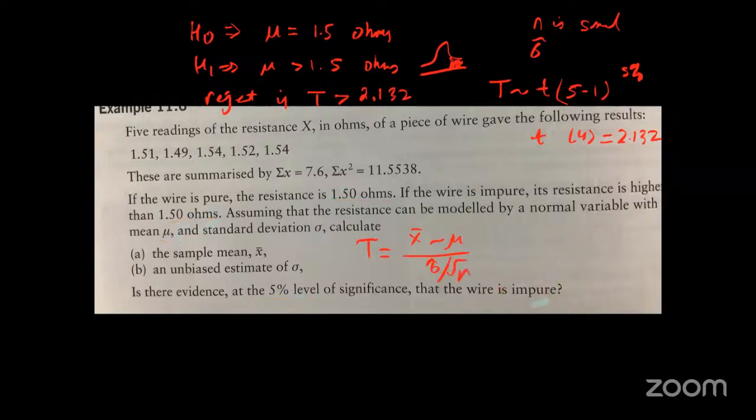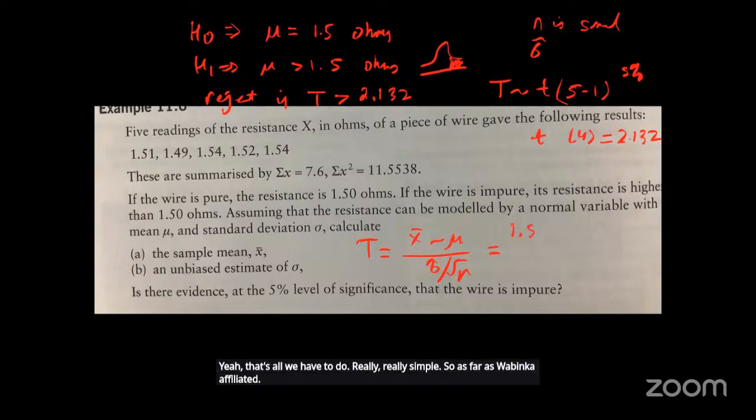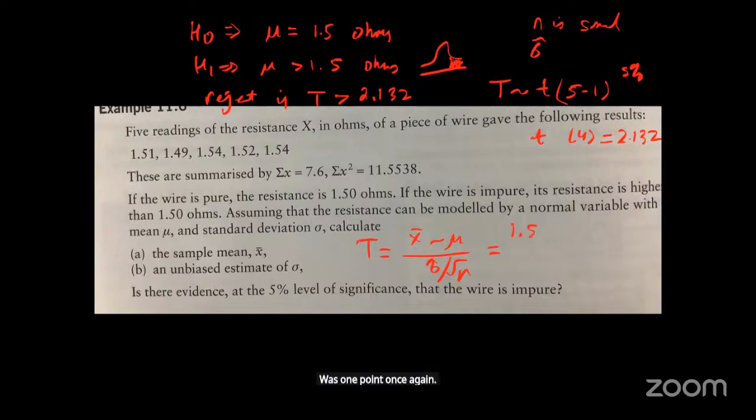Okay, that's all we have to do. Really simple. So x bar is what we calculated, 1.52, I think, yeah, 1.52. The mu value is 1.5. The sigma hat that we calculated was 0.0212, and we find the square root of n, which is 5. How much is that?